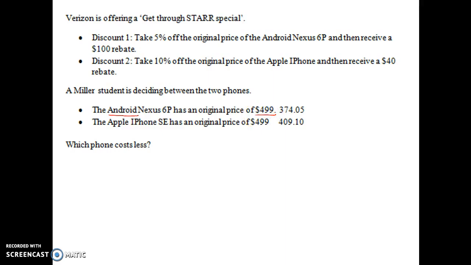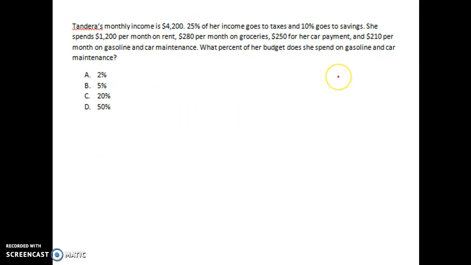and then so let's take a look at that. So the discount for the Android that you can get is 5% off the original price. So let's take a look. What is 5% of the original price? The original price is $499. So remember yesterday we reviewed our percent proportion.